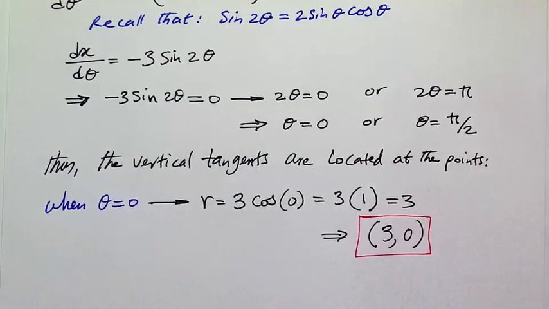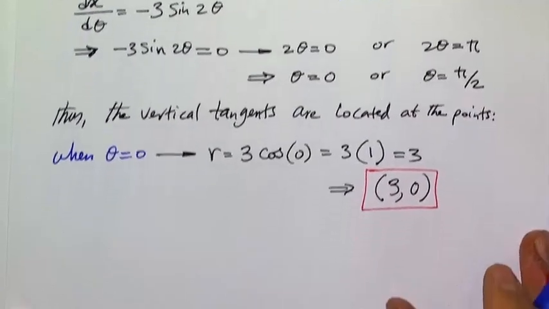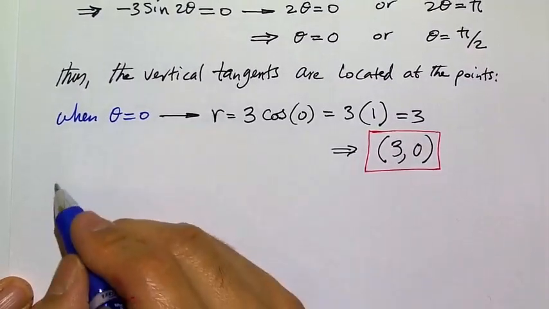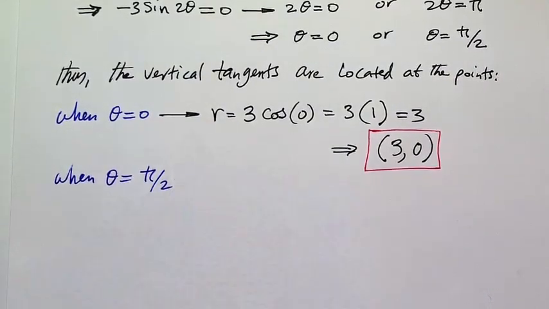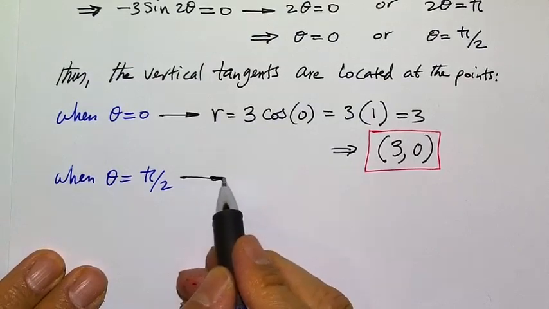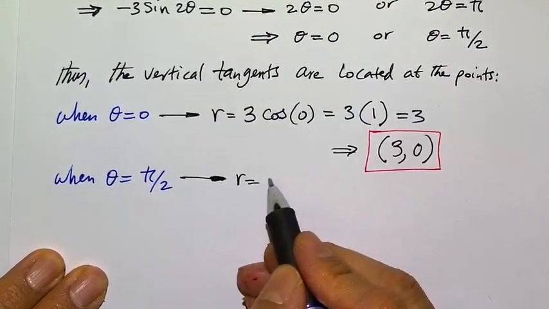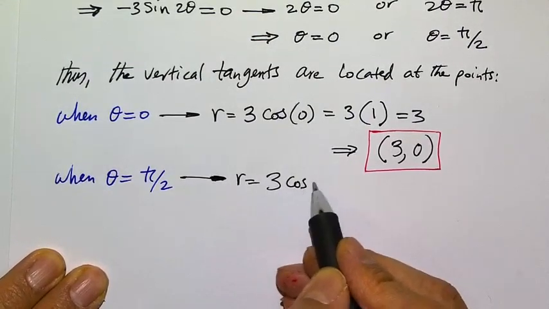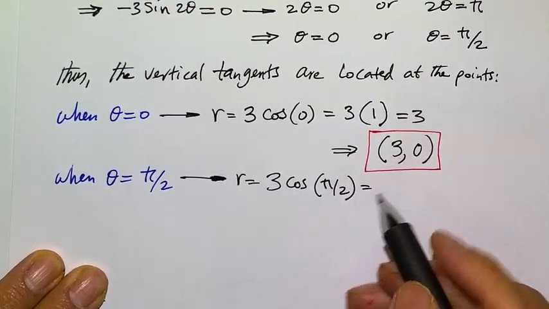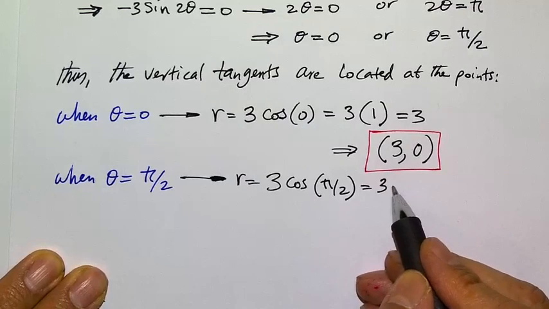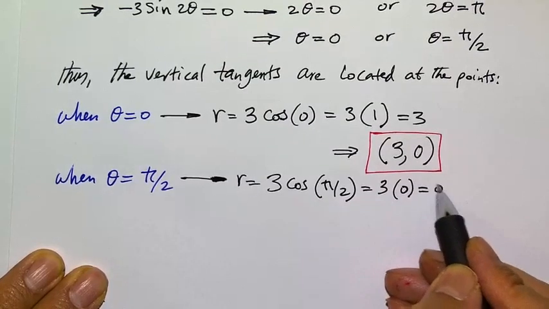The other one happens when theta equals pi over 2. So when theta equals pi over 2, then r is equal to 3 times cosine of pi over 2. Of course, cosine of pi over 2 is 0. So 3 times 0, we have 0.